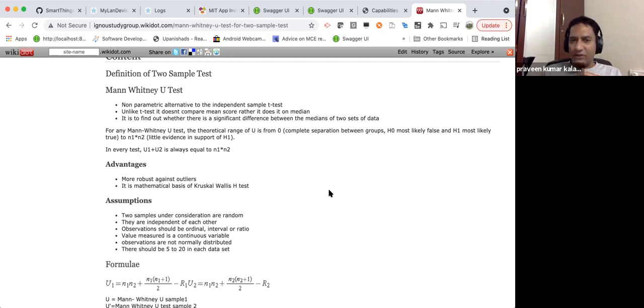When the t-test is not a possibility, you go to the Mann-Whitney test. It is more frequently used than the t-test because the t-test has so many restrictions, which the Mann-Whitney test removes. The Kruskal-Wallis test that we learned in the last class is derived from this Mann-Whitney test. So this forms the basis for Kruskal-Wallis as well.